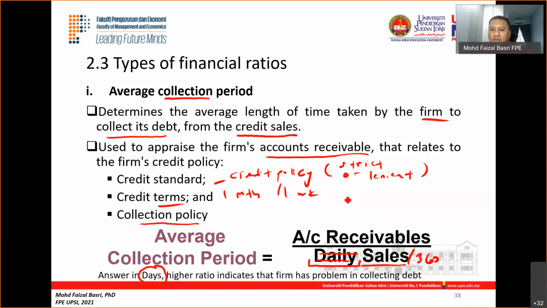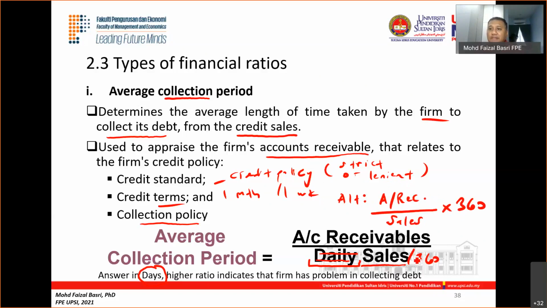Or the alternative formula is basically the same thing: account receivable divided by sales. Just take the sales from the income statement, but you multiply with 360. So this is the alternative way to calculate the average collection period, ACP.